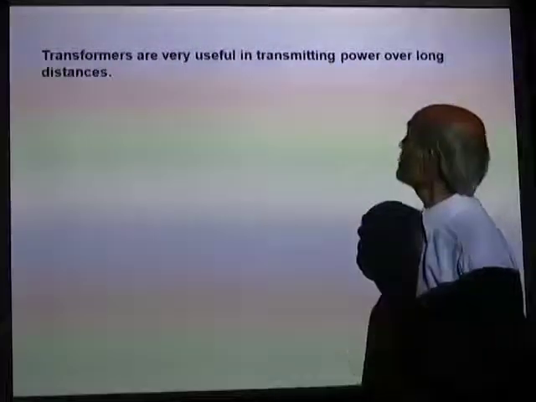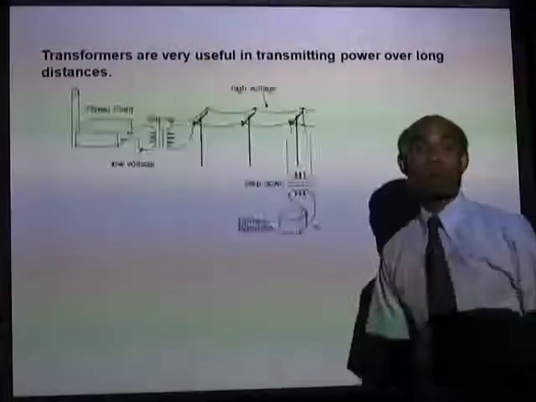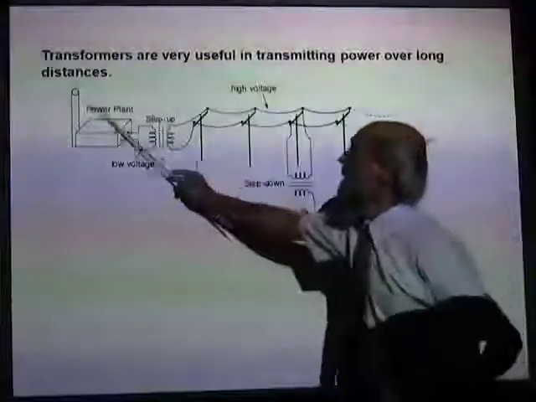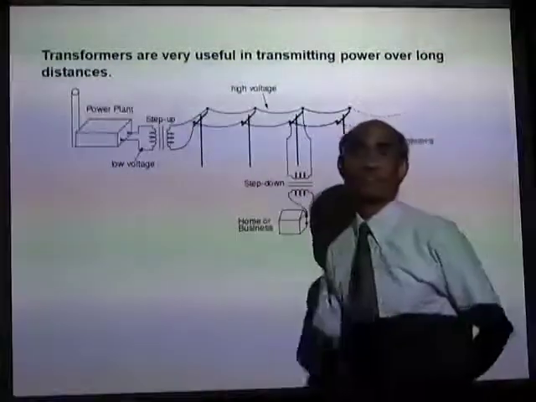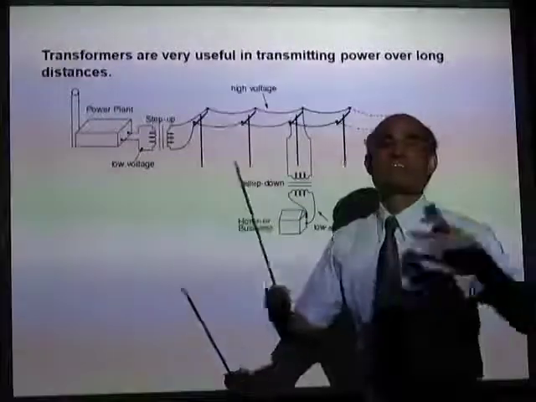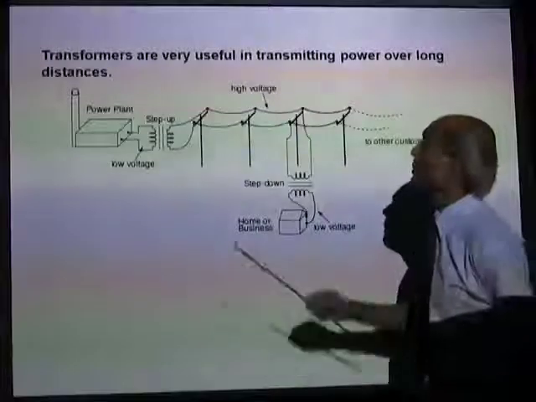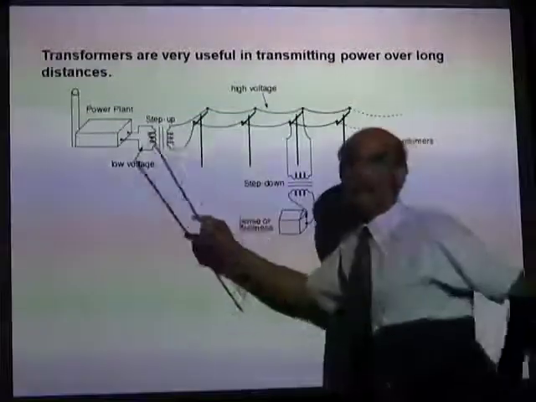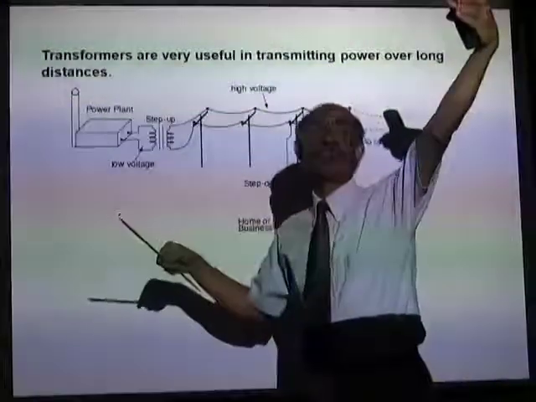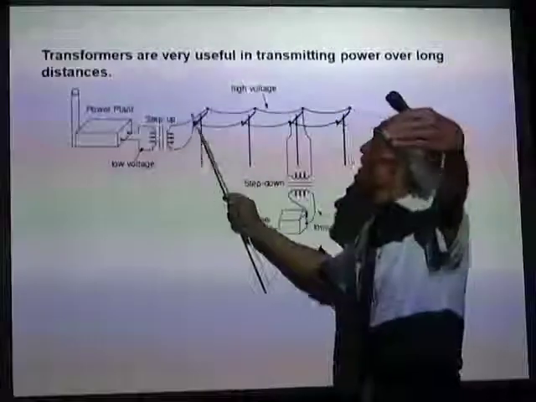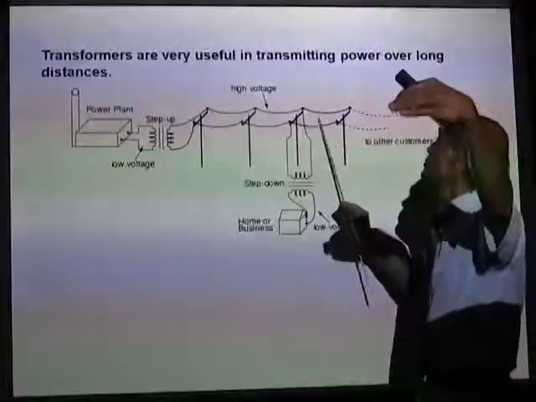Now, transformers are very useful in transmitting power over distances. In the power plant, electricity is generated at say about 15,000 or 20,000 volts. Now it is stepped up to say 400,000 volts, and here is the high tension voltage.